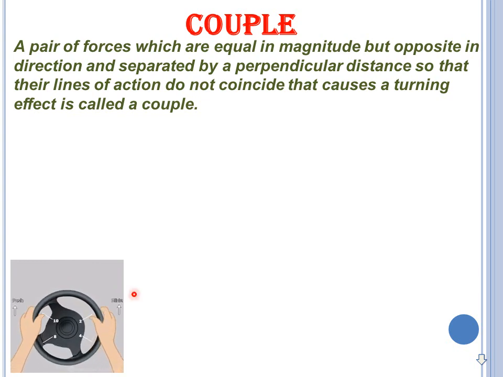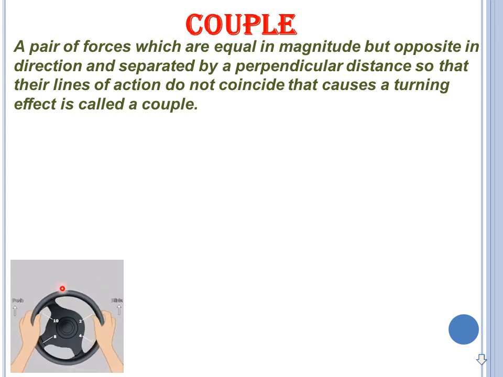See, the steering wheel in a car is a good example for a couple. You can see a pair of forces. This is a force from one side, the left side, and a force from the right side, which are equal in magnitude, but they are in opposite direction.